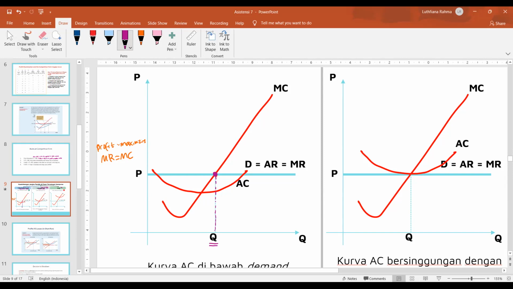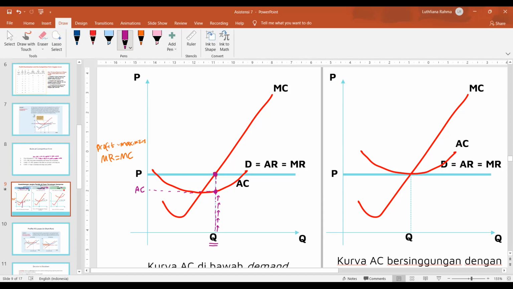If the firm is producing at Q, if we move upward, we will find that at Q the average cost of that firm will be at this point. So this point is the average cost of the firm.